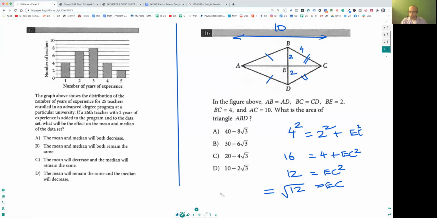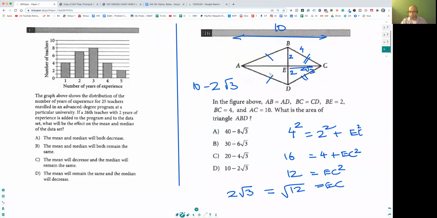Now the square root of 12 can be written as the square root of 4 times 3, which is the square root of 4 times the square root of 3, which is 2 square root 3. So that's why this value is 2 square root 3 over here. And so this length now is just 10 minus 2 square root 3.